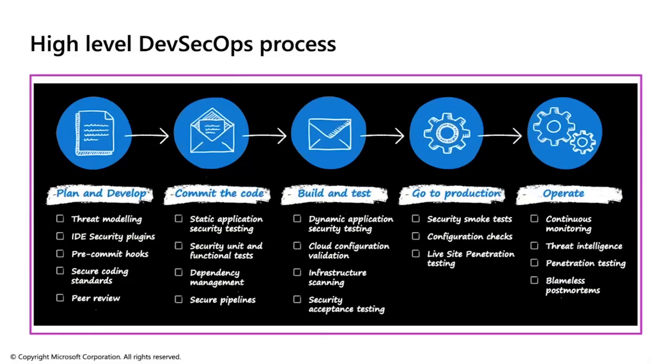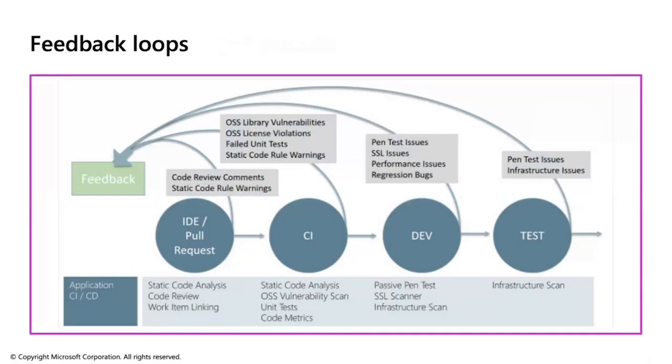Now here, we also see a plan where, in any kind of development life cycle in a CI/CD pipeline, developers are using the IDE and pull requests, then they are in the continuous integration, development, and testing phase.